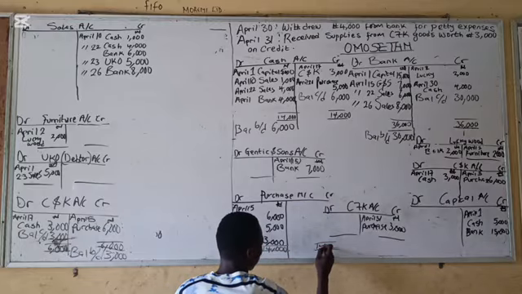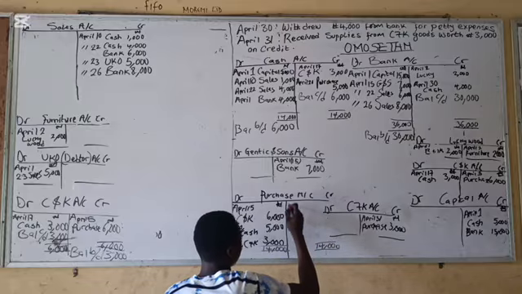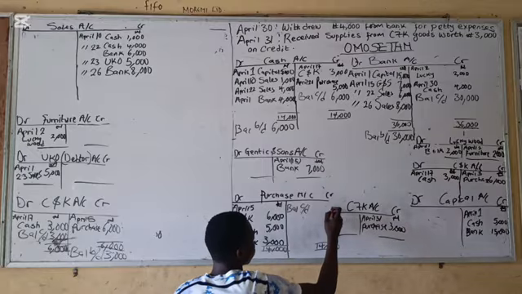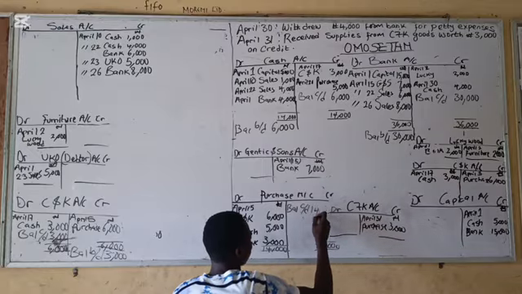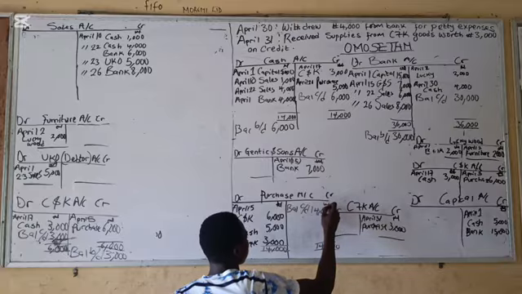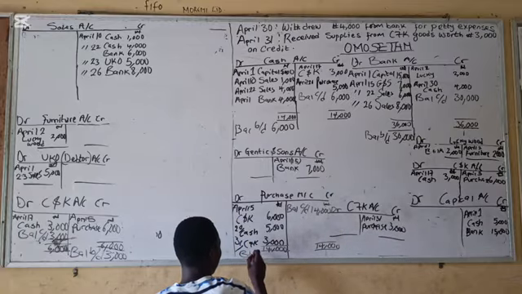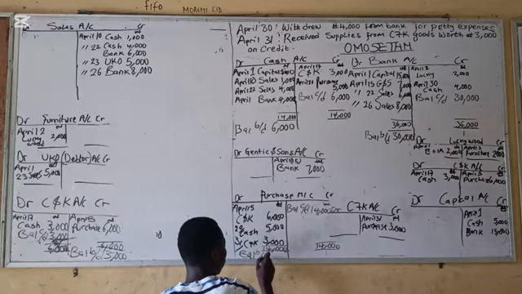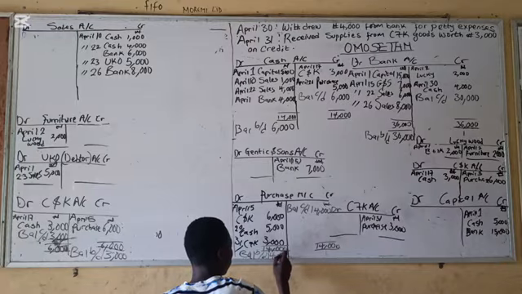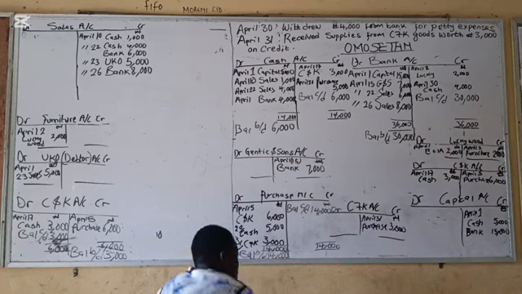So you balance both sides. You have 14,000. You are going to have balance carried down 14,000 naira. Now you are going to have balance brought down 14,000 naira. You get it now.